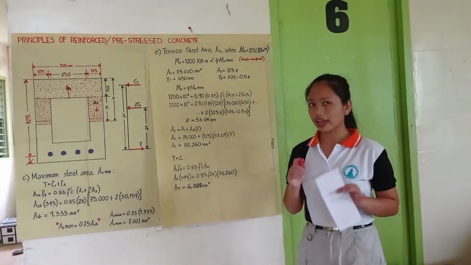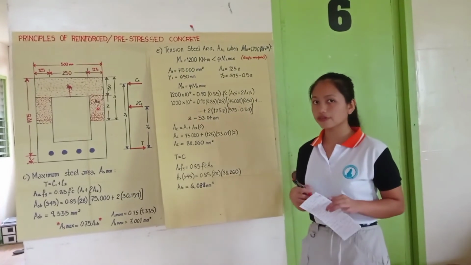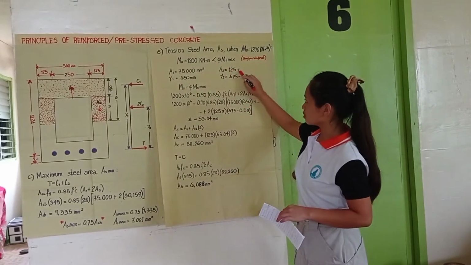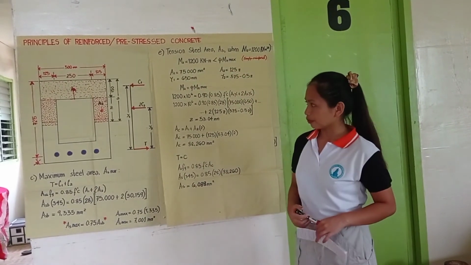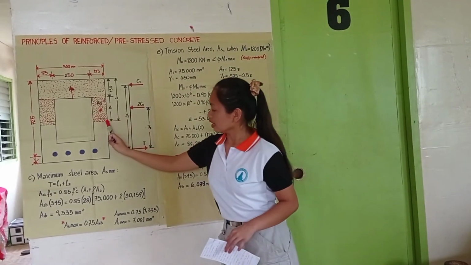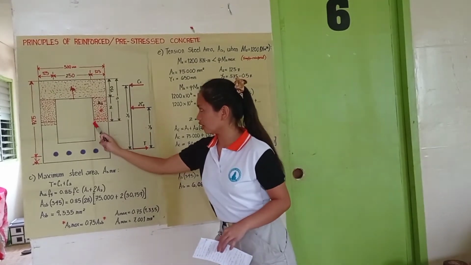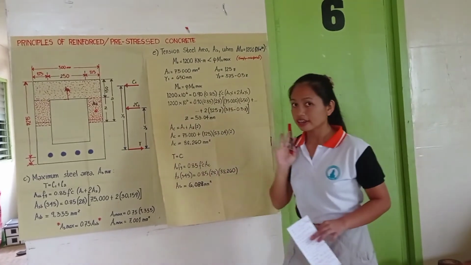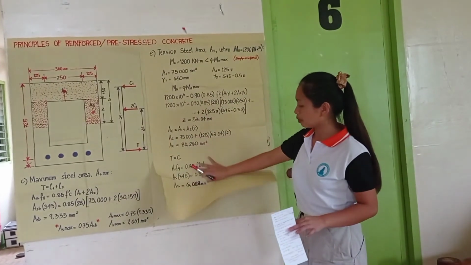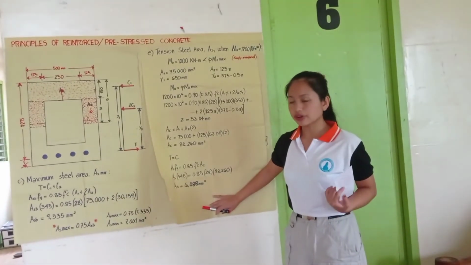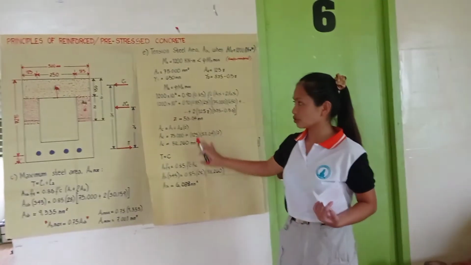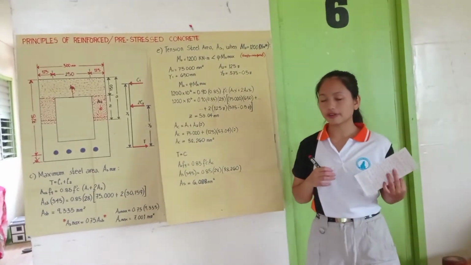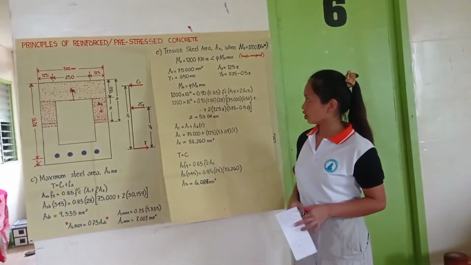As for our A2, that is 125 times Z. As you can see, the width here is 125 times the new value of our Z. This solution is referring to the same figure as what we have done for our previous solutions.